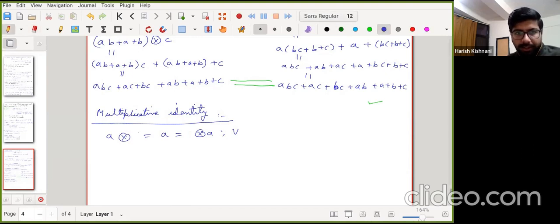So I will just write maybe 1 R tilde. I hope that notation is okay. So that should happen for all elements in R tilde, right?